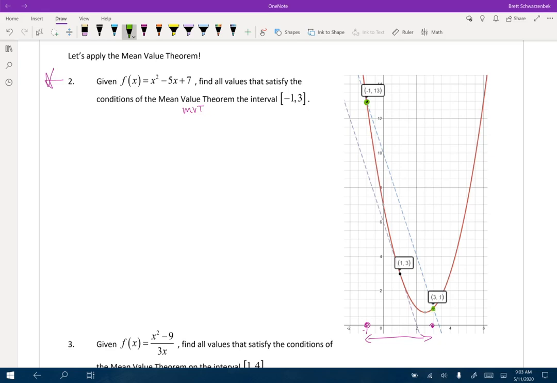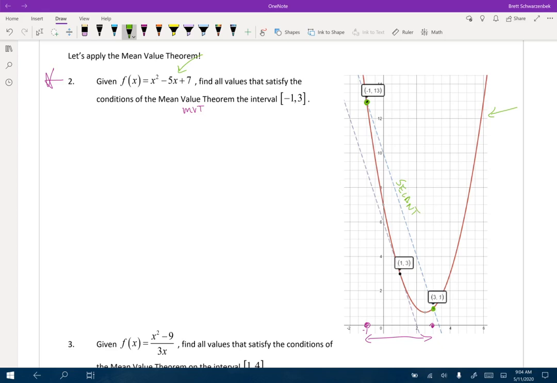So for your endpoints, you mark them on your graph. Note this is a quadratic function, or a parabola, which you see on the graph. You draw a secant line through those points. So here's your secant line. That's how the mean value theorem starts: you find those points and you draw a secant line.